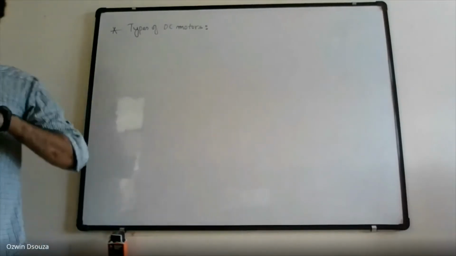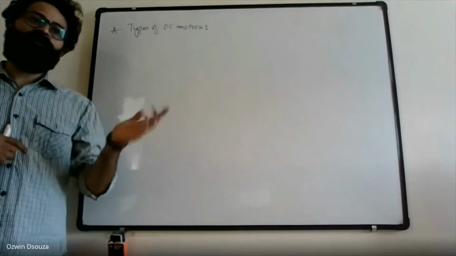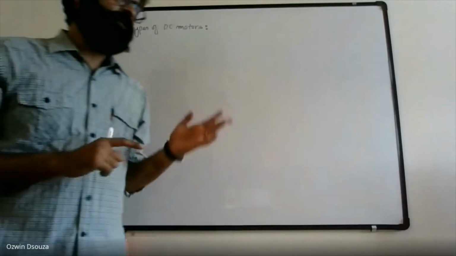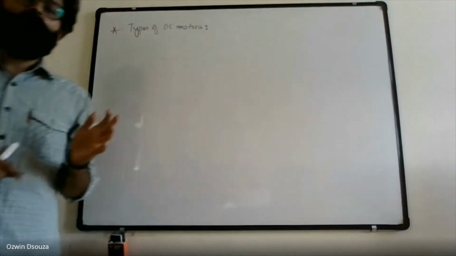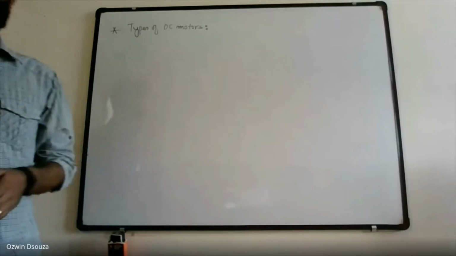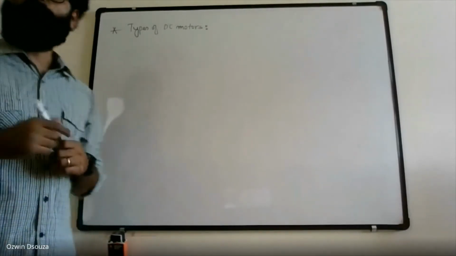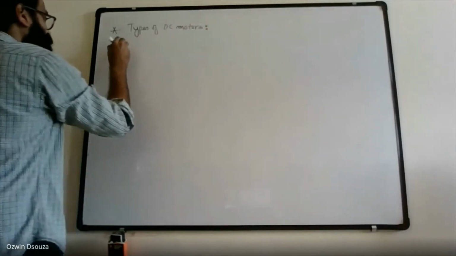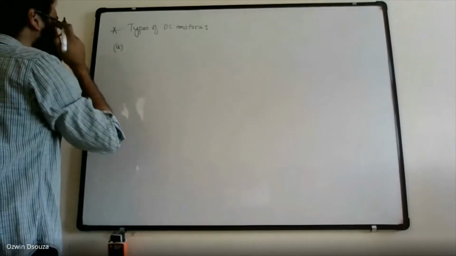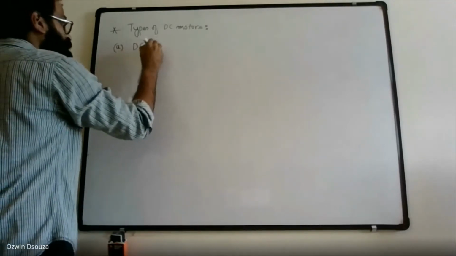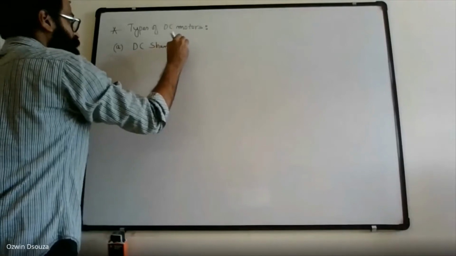Only we will be interchanging the type of input in case of motor. In case of motor, electrical power will be the input and mechanical energy will be the output. So let's start with the first motor, that is DC shunt motor.